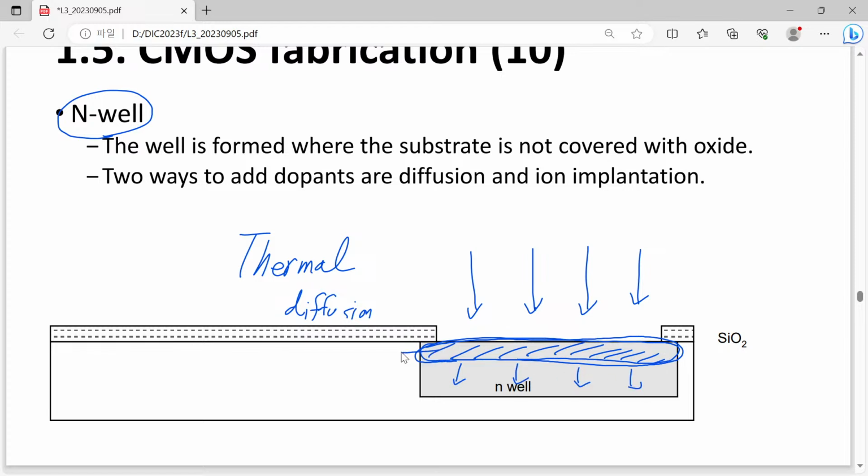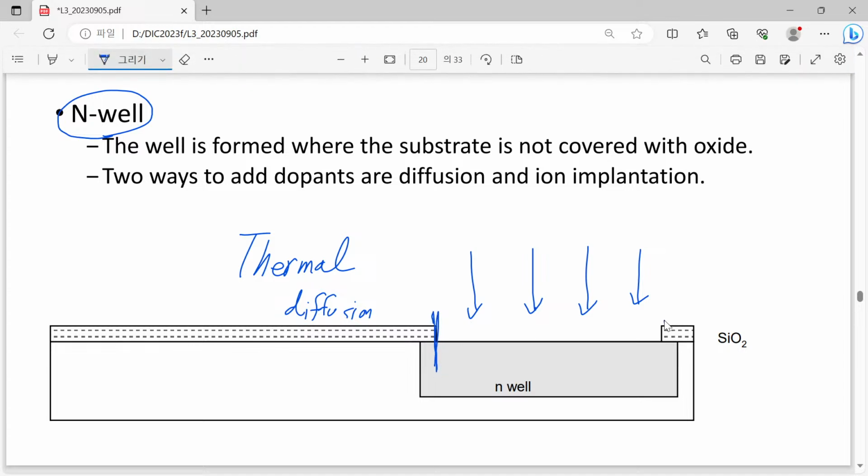Of course, it also has certain lateral diffusion. That's the reason why, even in this crude schematic diagram, you can see that the range of your n-well is not perfectly matched to your opening.